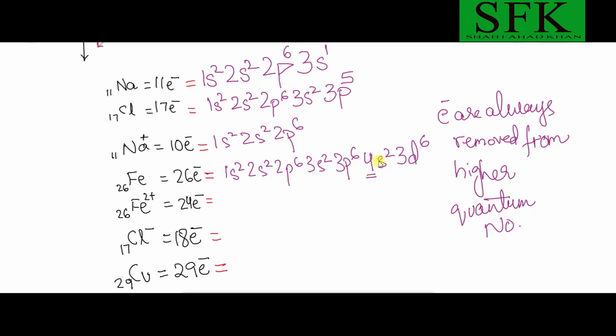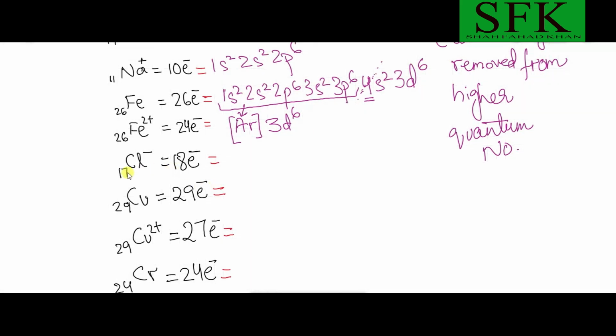So these electrons are going to be lost. 1s2, 2s2, 2p6, 3s2, 3p6 can also be written as argon, which represents these 18 electrons. Then the 4s has been lost in the formation of the iron 2 plus ion, and we are left with 3d6 only. Together, these form the electronic configuration of the iron 2 plus ion.